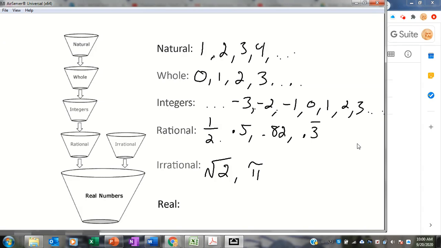So that's another decimal that does not terminate. So non-repeating and non-terminating.